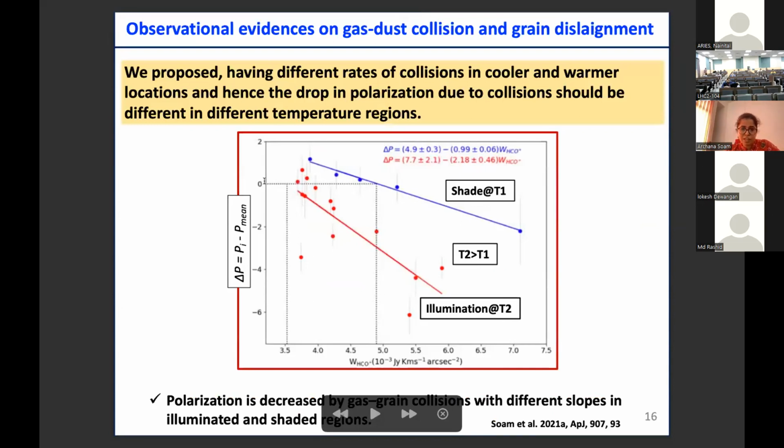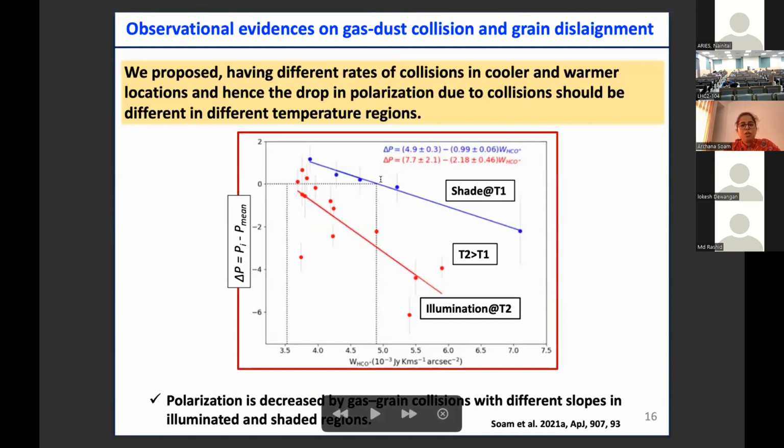These lines correspond to the 0 value and the 3.5. If you extrapolate this red line upward, that is the density of the hotter region beyond which the gas grain collisions will be effective, the disalignment will be effective, and polarization will start going down.